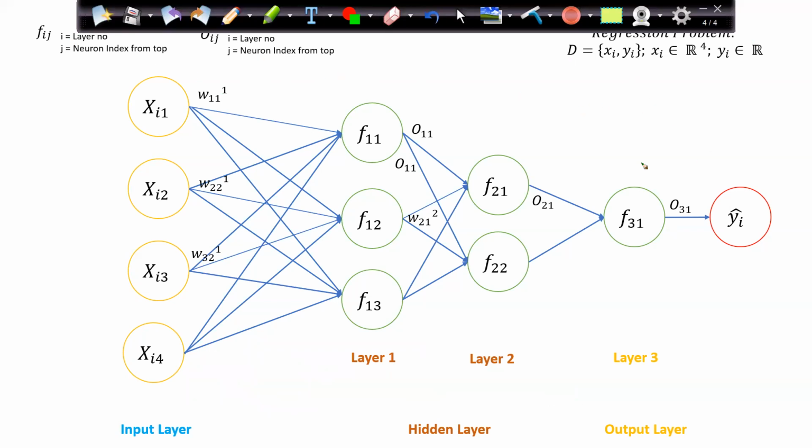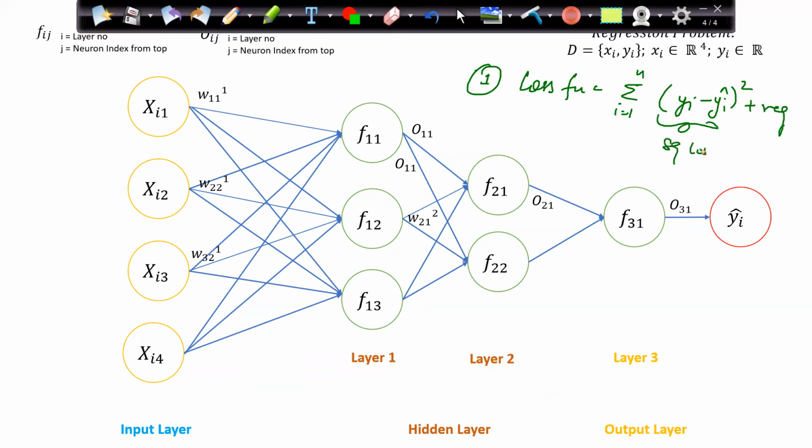So we'll have a loss function. Again, it's a regression problem, so we can go with a square loss. My first step will be to define a loss function, which is nothing but summation of i is equal to 1 to n, yi minus yi hat whole square, plus some kind of regularization, and this is my square loss.